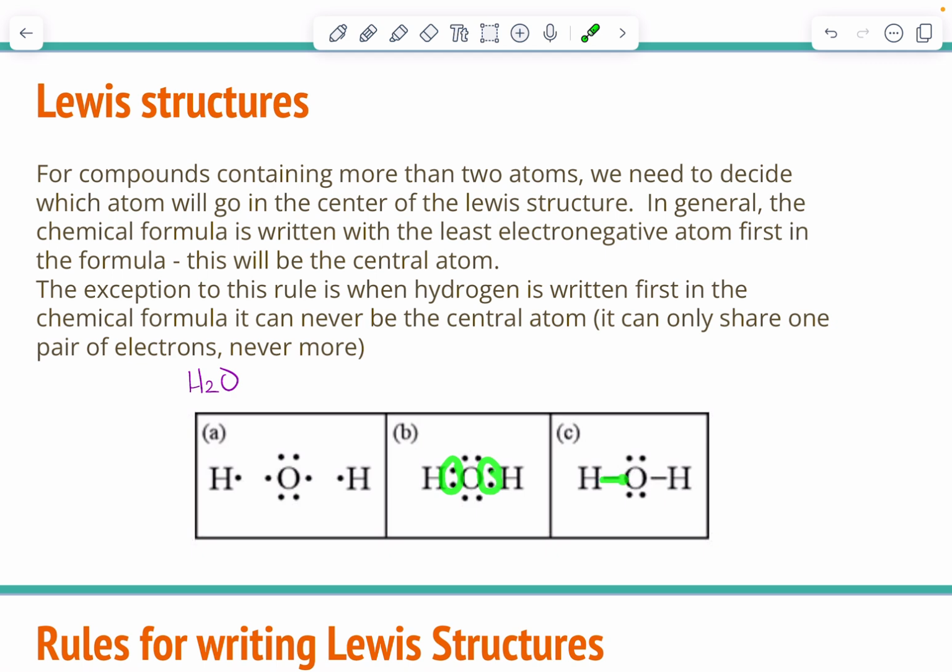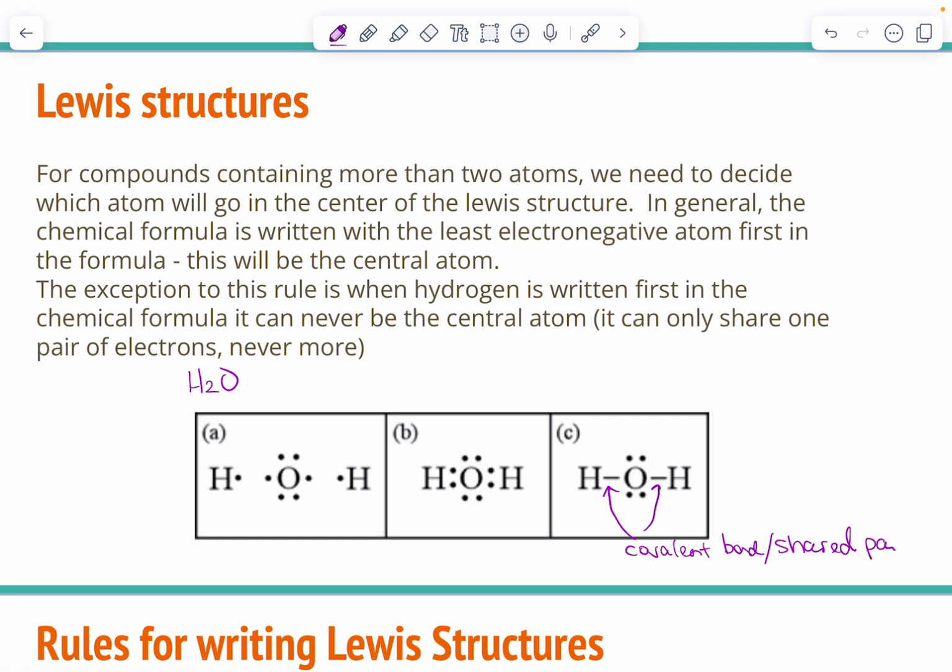Now we have the 2 lines representing the shared pairs of electrons in between. So again, each of these represents a covalent bond, or a shared pair of electrons. And then we see 2 lone pairs, or 4 electrons, on the central atom of oxygen in this case.